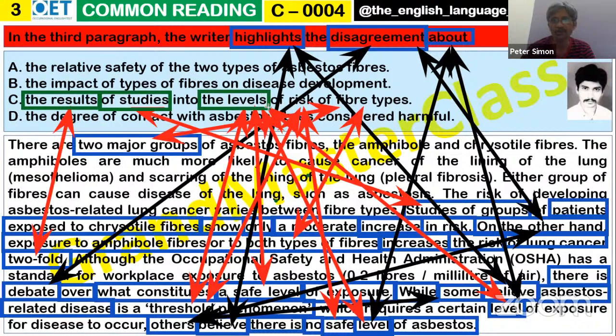Threshold means a safe level or risk level, okay, of risk, of fiber types, everything is there. So it's so simple as that. So if you understand this logic, it is easy for you to identify. So you have to identify this one.